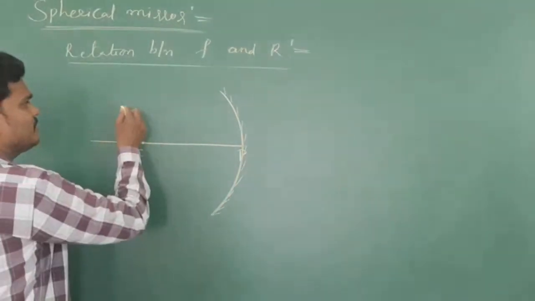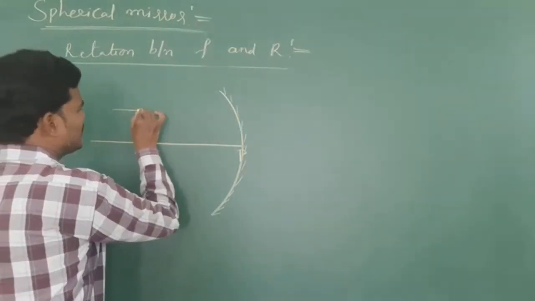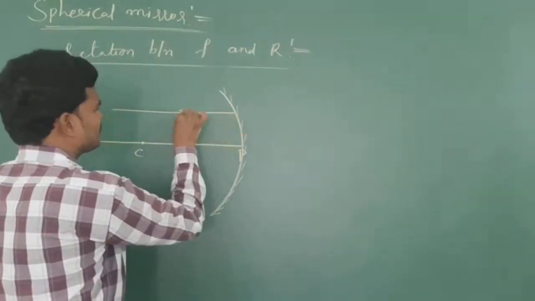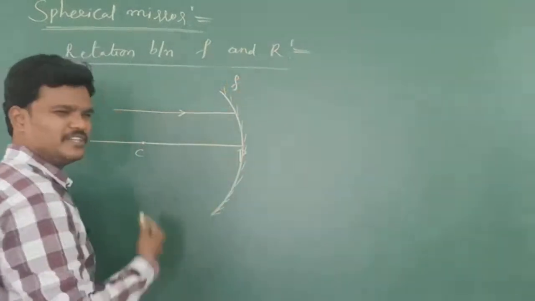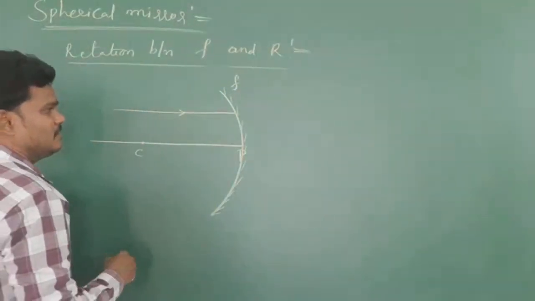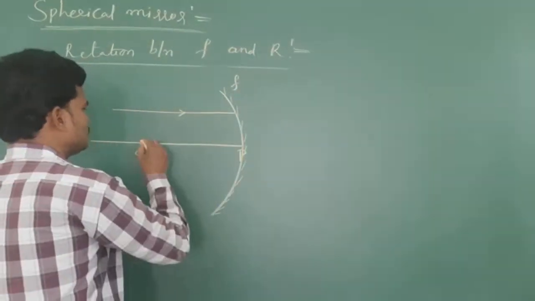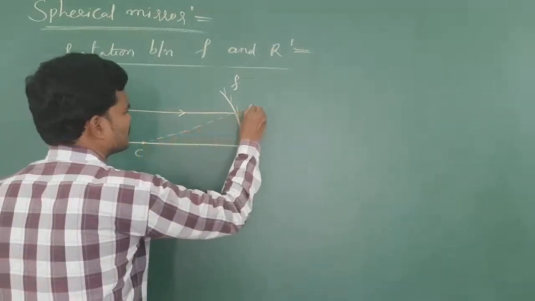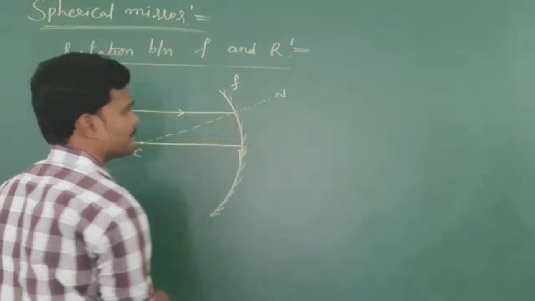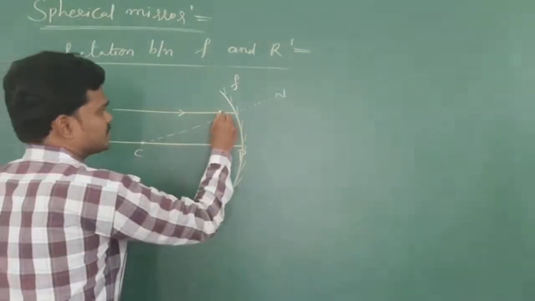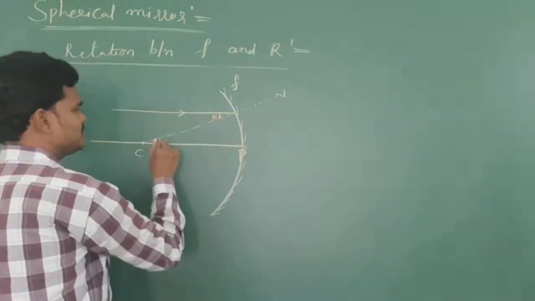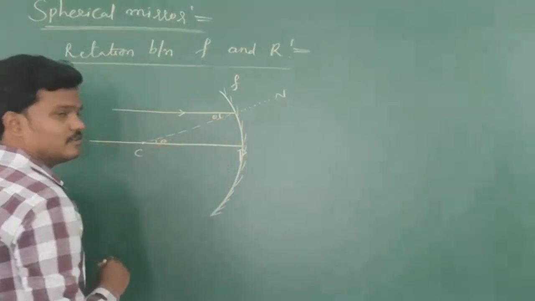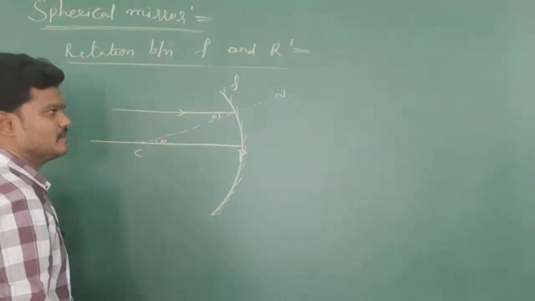Let us suppose a parallel beam of light strikes the concave mirror whose focal length is f. Very easy derivation. Whatever line is drawn to the center is a normal line. This is normal. Let us suppose it makes an angle theta. If this is theta, this is also theta, alternate opposite angles.